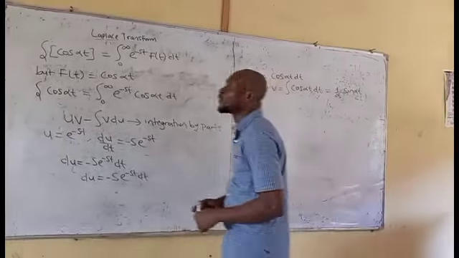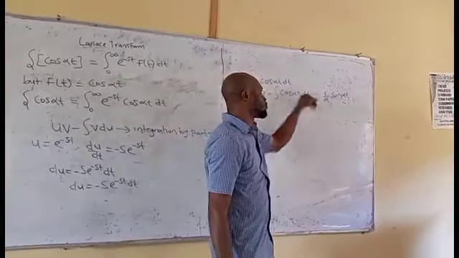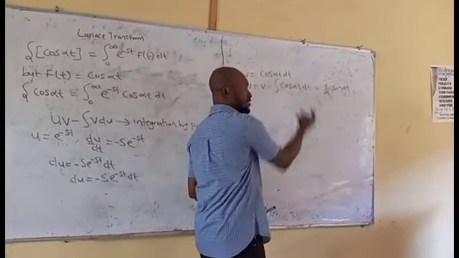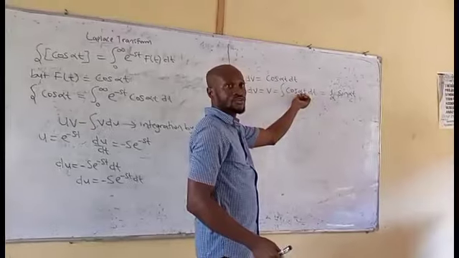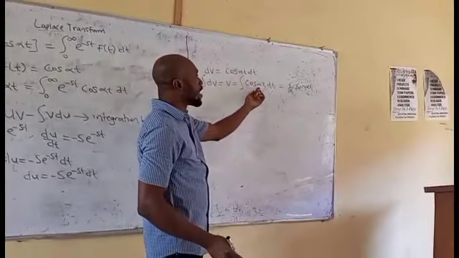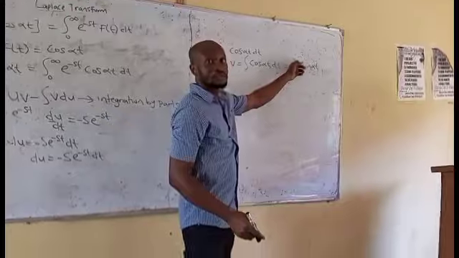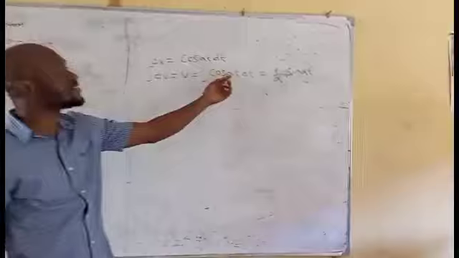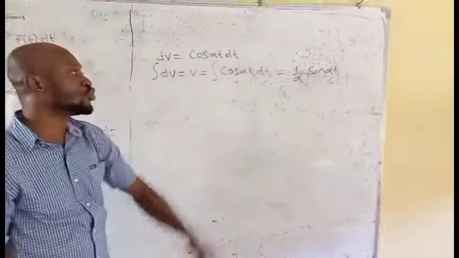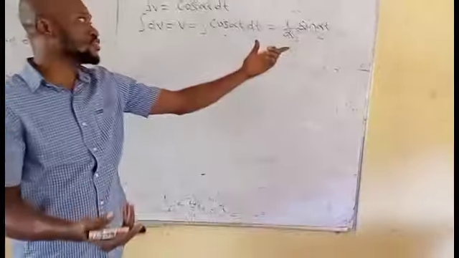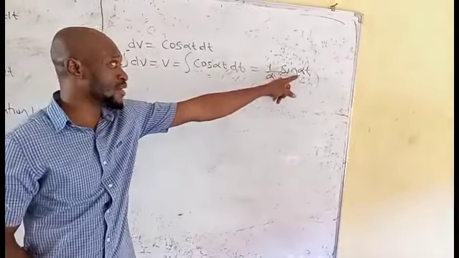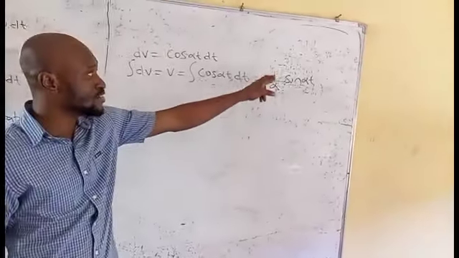The integral form eliminates the dt. This alpha is not 1, it is a value. If I were having 1, there would be no point saying 1 over 1, because 1 over 1 gives you 1. So let's assume this alpha is more than 1, let's say it's 2, so it will now be 1 over 2. That's why I'm using this alpha, because I can't say this one is 1.